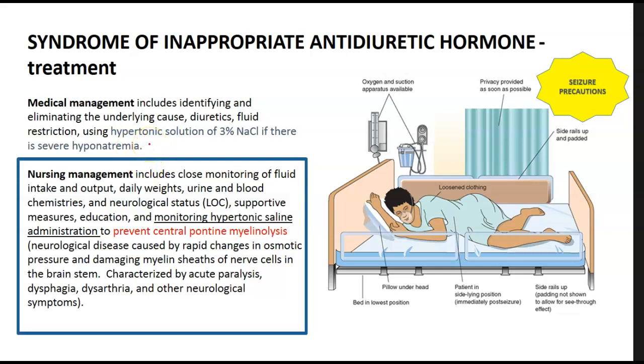This is the one condition that you will use a hypertonic solution if there is severe hyponatremia. One thing you want to watch is monitor for hypertonic saline administration to prevent central pontine myelinolysis. Basically it is a neurological disease caused by rapid changes in the osmotic pressure, so you need to be careful when you are actually administering the solution.